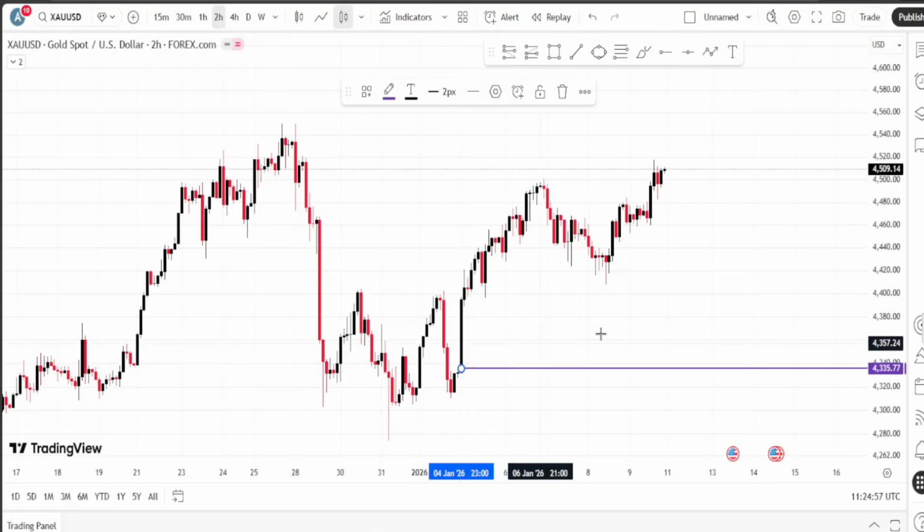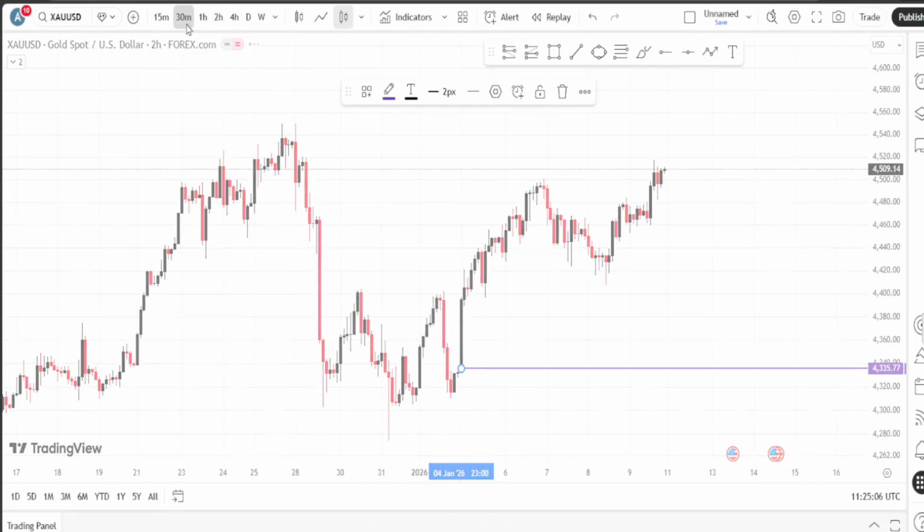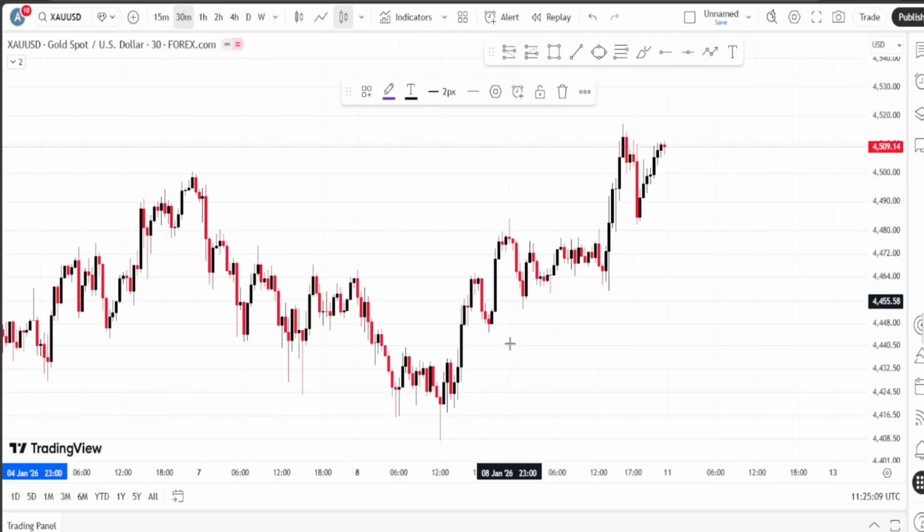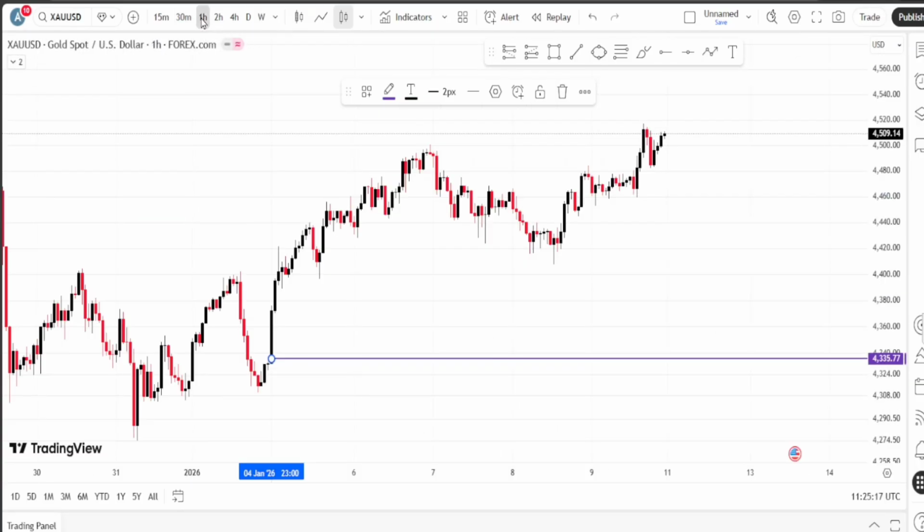And price actually did the same. So either you went in around 4335, or if you choose to go to the smaller time frame, let's see what you can see. Either you can go in around that level, or a little bit below.